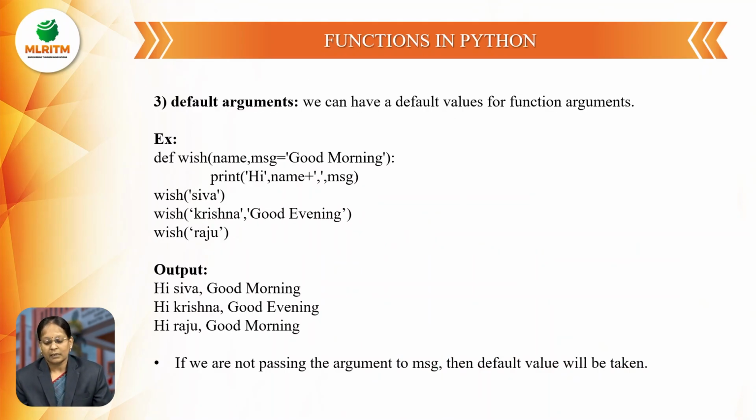Default arguments. We can have default values for function arguments. def wish(name, message='good morning'). In the function definition only, I am writing the default value. So whenever calling the function with a name and message, the default message good morning will be printed, because we passed the default value in the function definition.